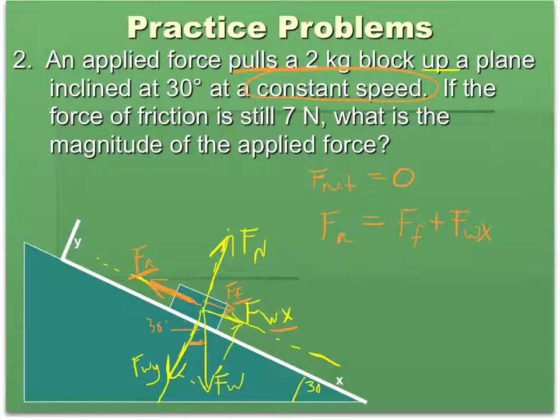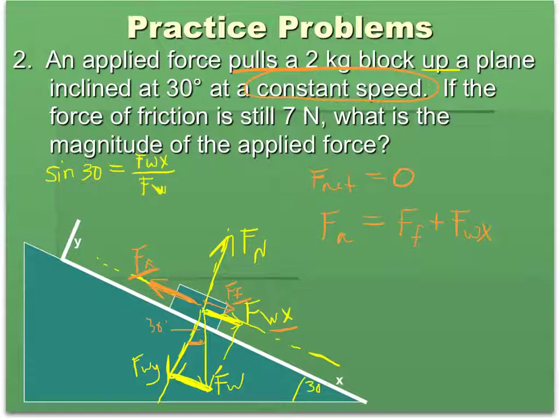Okay, so I can solve for my Fwx. Okay, again, it's this side right here, which we know is equal to Fwx, and it's opposite of that 30-degree angle. So I'll do this over here to the side. The sine of 30 is equal to my Fwx over my Fw.